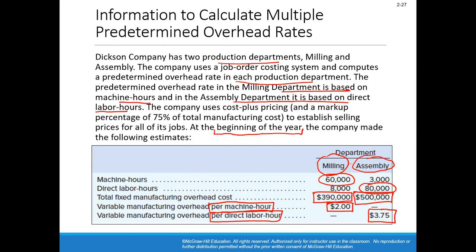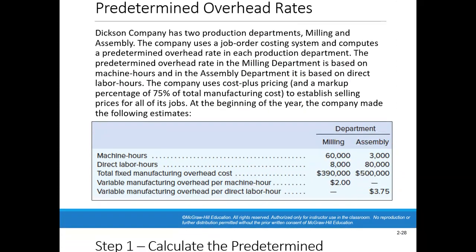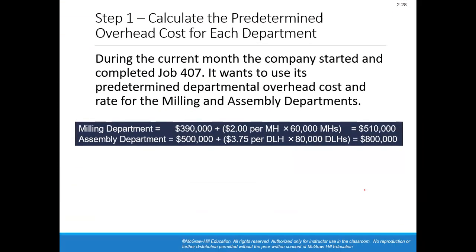That's why this rate is given per direct labor hour. So you need to find out, for a particular job, how many machine hours and how many direct labor hours are required for assigning the predetermined overhead cost from the milling and assembly departments. So let's complete it.